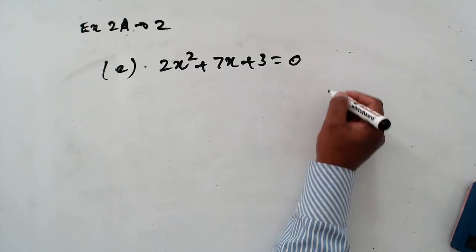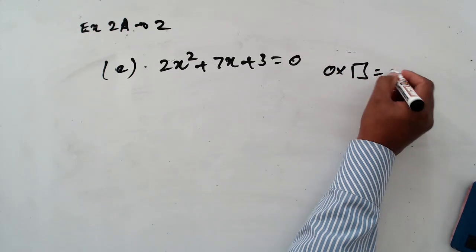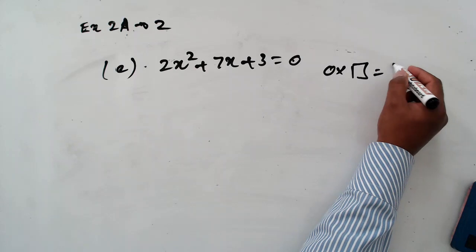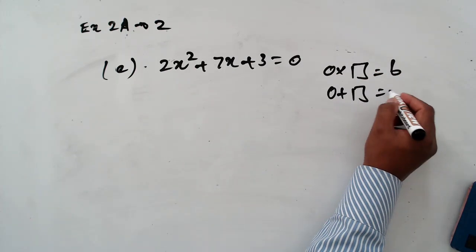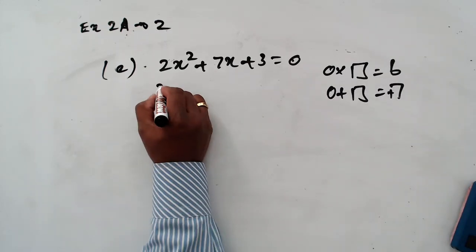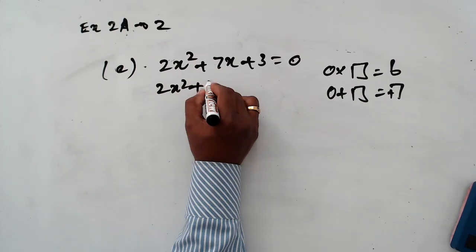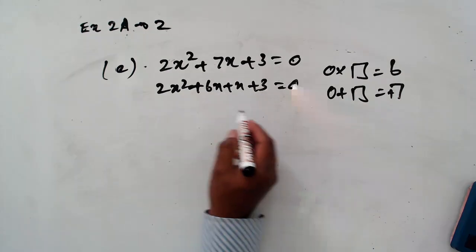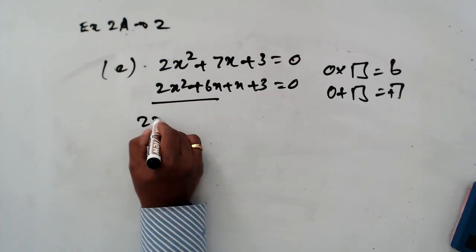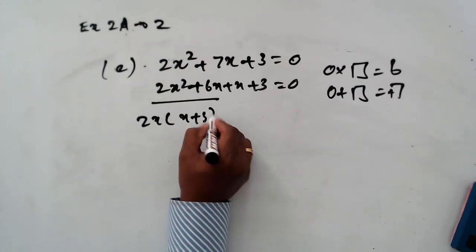In this sum, when you multiply two numbers, you want to get 6, 2 times 3 is 6, and when you add those two together you need plus 7. 2x square plus 6x plus x plus 3 equals 0. When you consider those two, 2x is common, x plus 3 remaining.